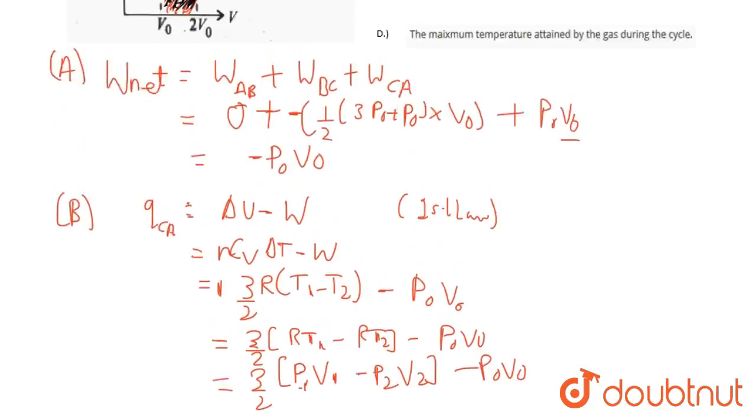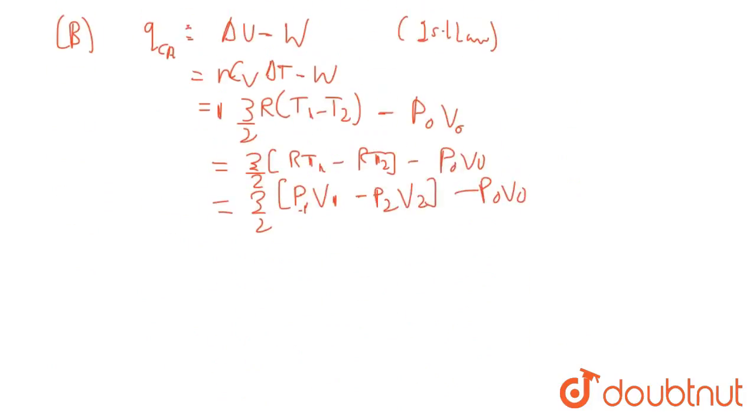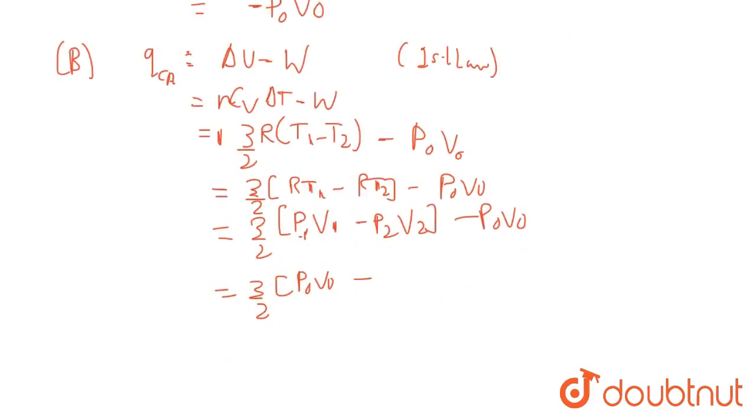And if you clearly see at temperature T1, pressure is P0 and volume is V0. So we can write this as 3 by 2 P0 V0 minus, at T2 the pressure is P0 and volume is 2 V0, that is P0 twice of V0 minus P0 V0.